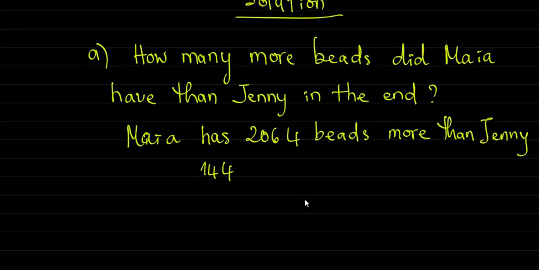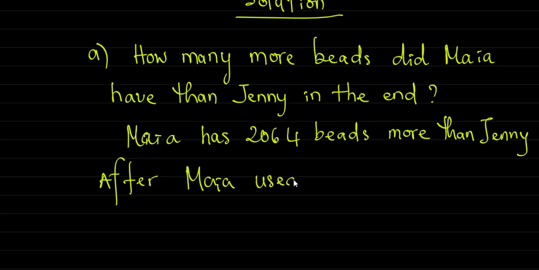So first, the thing is to know about the beads that Mia had more after she used 144 beads to make a necklace. So here, first you had this and after that, Mia used 144.